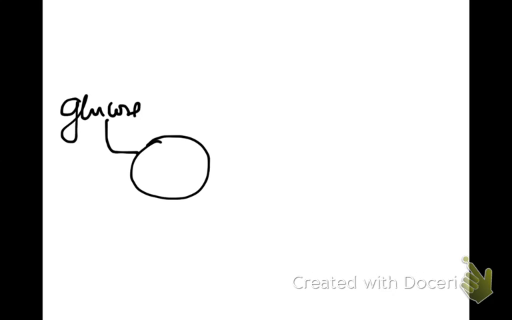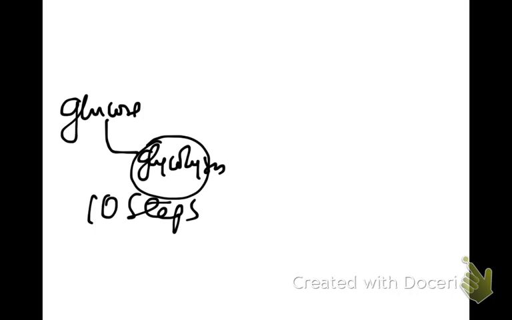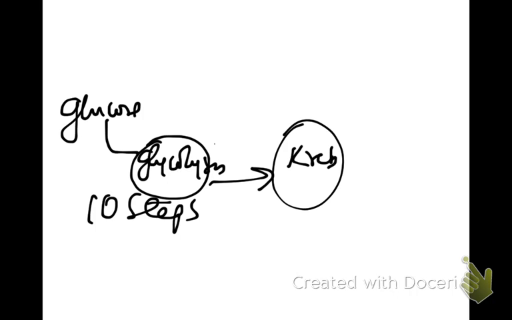Okay, so here is what you have. Glucose, when it starts, goes through a series of 10 steps called glycolysis. And then it goes through another set of steps called the Krebs cycle.